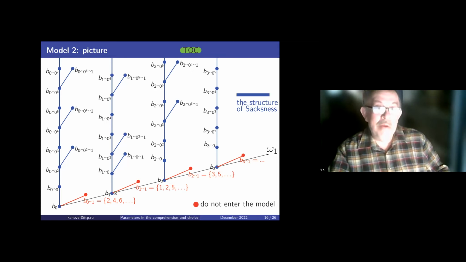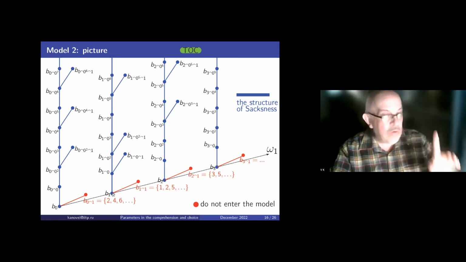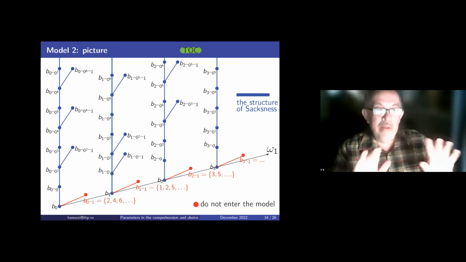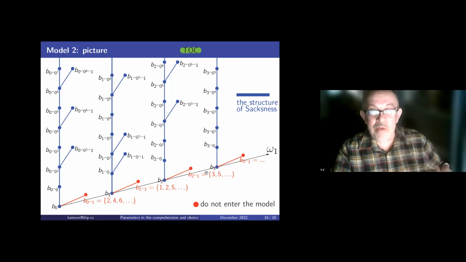Now you see, each red real, say B11, to define it in this wide extension, we need to refer to B1. That is, we have to refer to a parameter. And we cannot nail any parameter, any particular B from this 0 level, B0, B1, B2, B3.